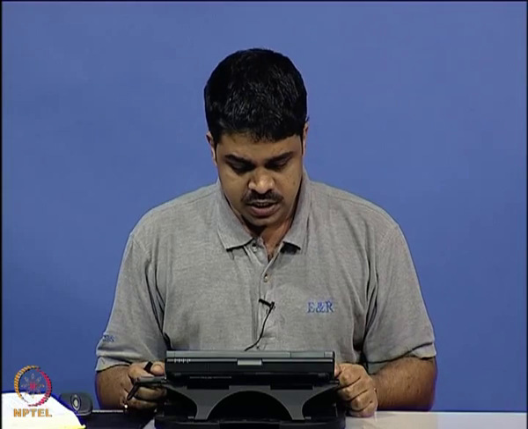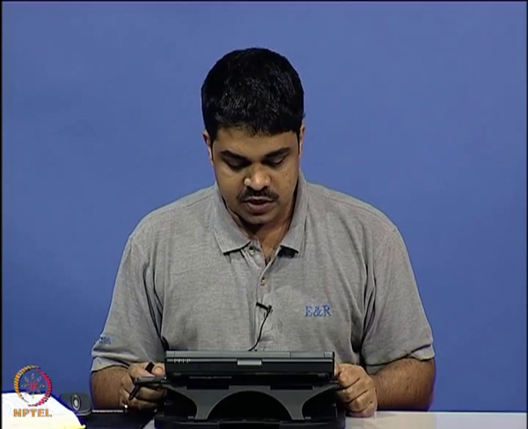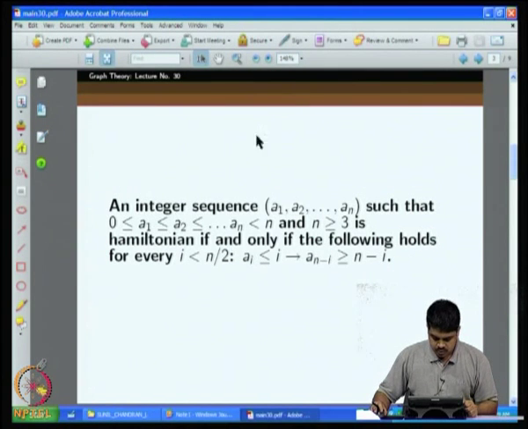The theorem is stated like this: if G is a graph with n vertices and degree sequence d1 less than or equal to d2 less than or equal to dn, then it is called Hamiltonian if every sequence which is pointwise greater than or equal to this given sequence corresponds to graphs which are Hamiltonian. That means, if a graph has this as its degree sequence, then it should be a Hamiltonian graph.